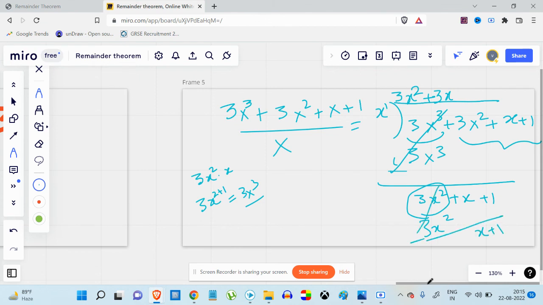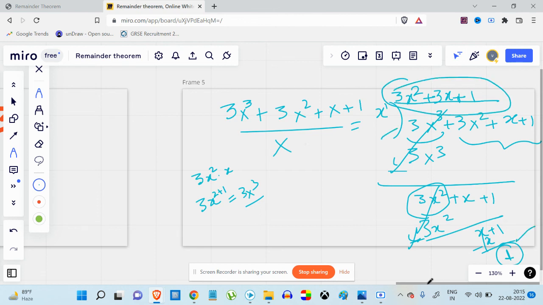So minus, that will get cancelled. Again you need only x, so you don't need that. You can only do this plus 1. Now 1 multiplied with x will be x only. So x is gone, 1 is remaining. So 1 is the remainder now. So this is it. This is the quotient, and this is the remainder 1 over x.